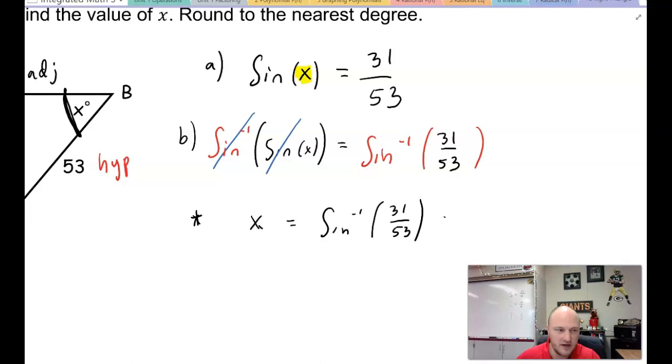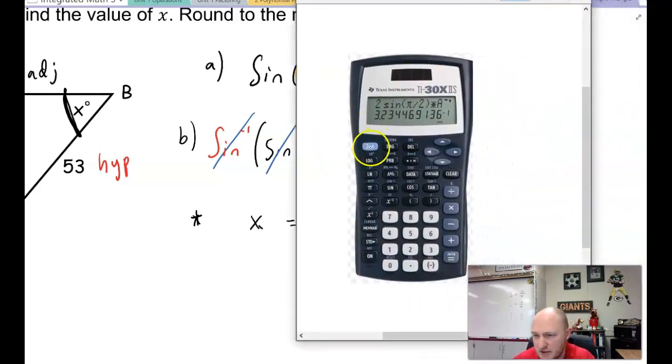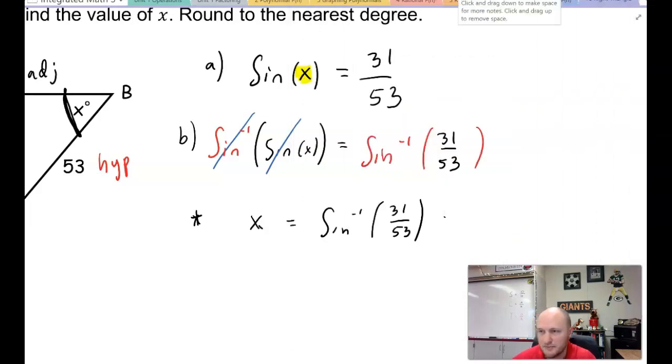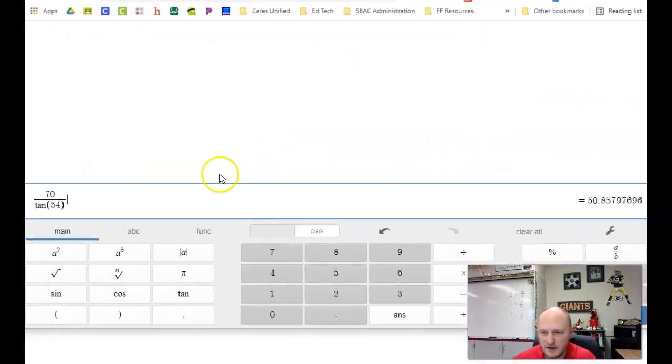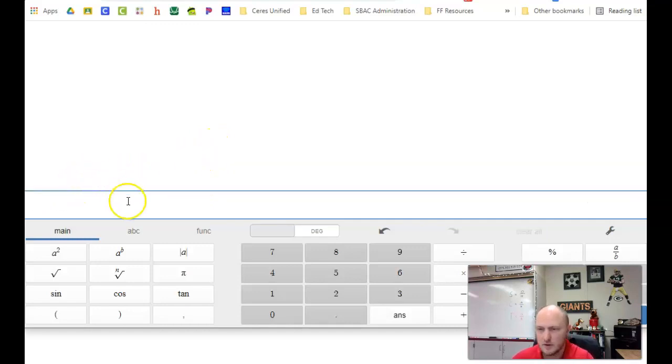On your calculator, to access the inverse trig, you need to hit the second button and then the appropriate trig function. So you should see sine inverse on your calculator. I'm going to use Desmos since I don't have a way of showing you with the TI-30.